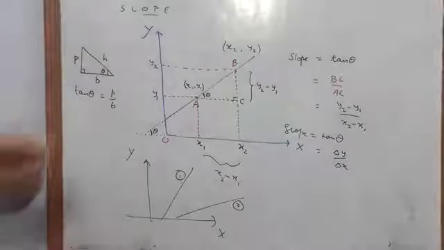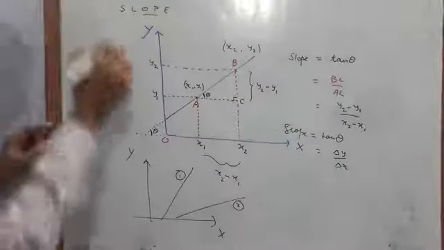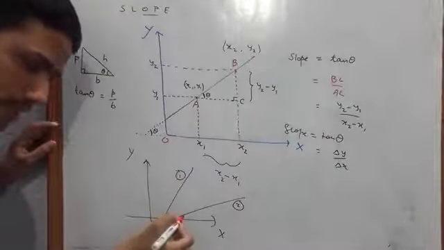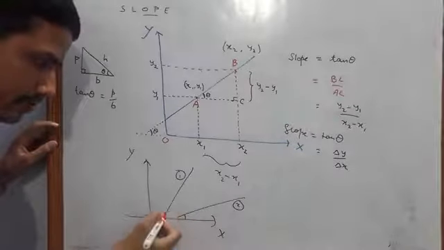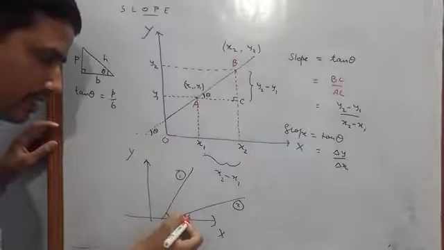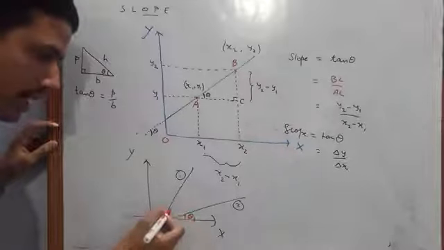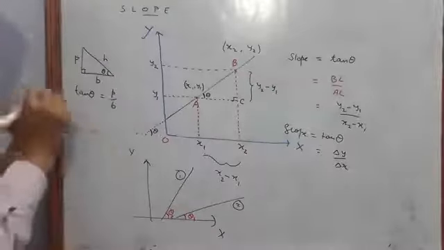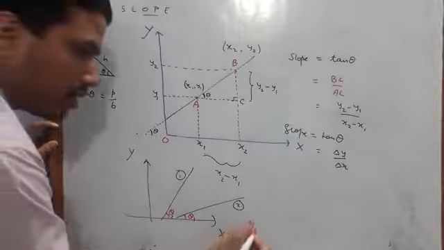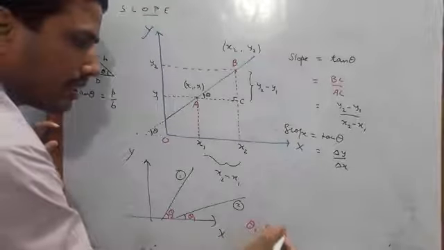You have to use the same concept. For that you can see what angle it makes with the x-axis. Suppose this angle is theta 1 and this angle is theta 2. We find theta 1 angle is less than theta 2 angle.